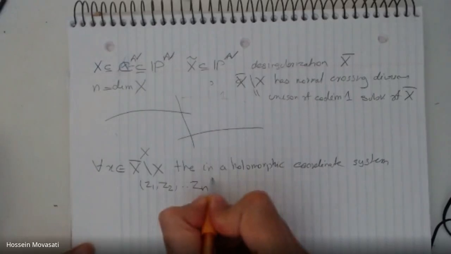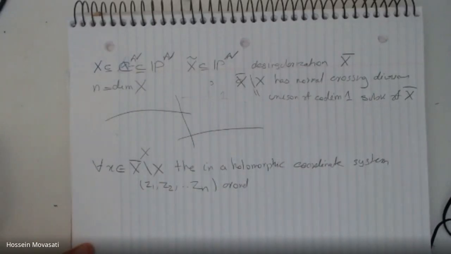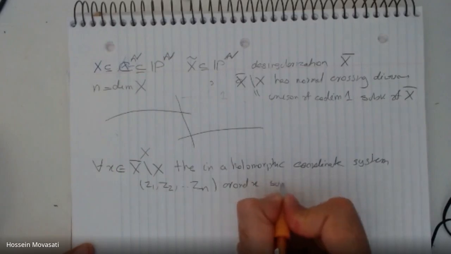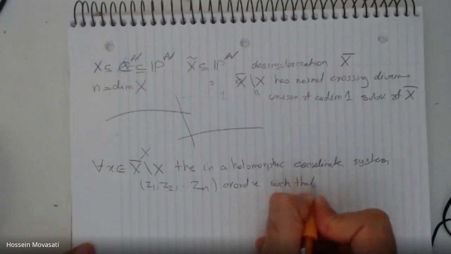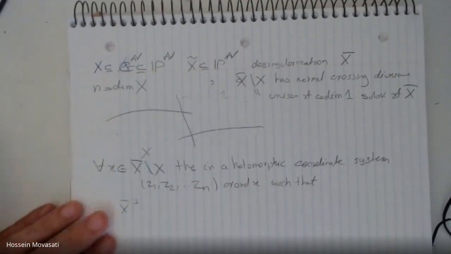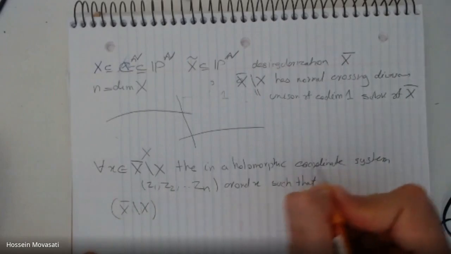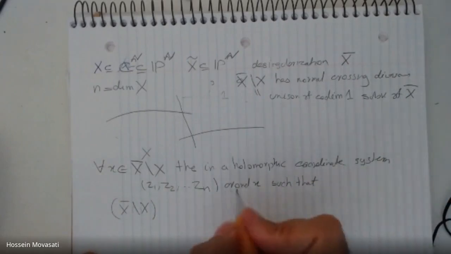So there will be, around this point x in X bar minus X, a holomorphic coordinate system.